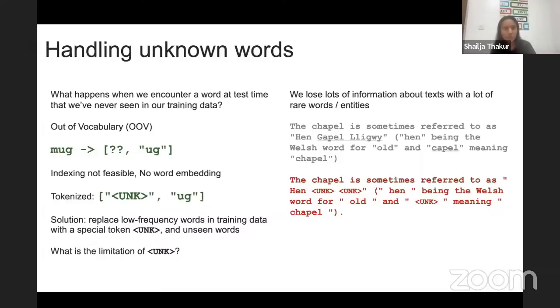Now, here I'm just talking about one of the problems that you can encounter with the method that I talked about. Even if we have formed the vocabulary, there is a possibility that during test time, you may come across one of the words that was never seen when we were forming that vocabulary. So in this case, if you have mug, but UG was seen before, but M was never seen, what would you do during the test time?